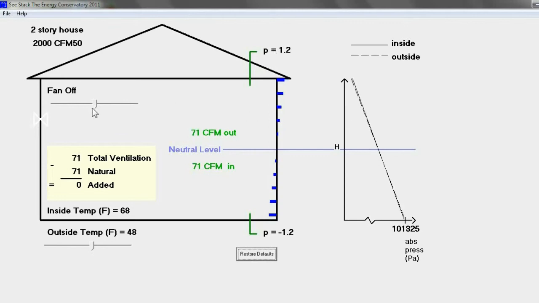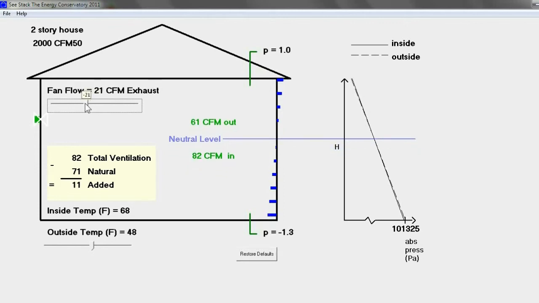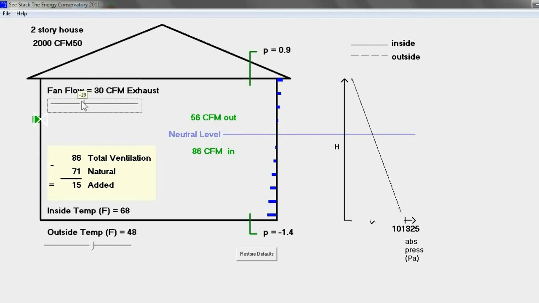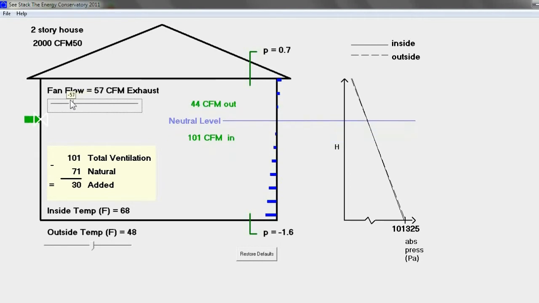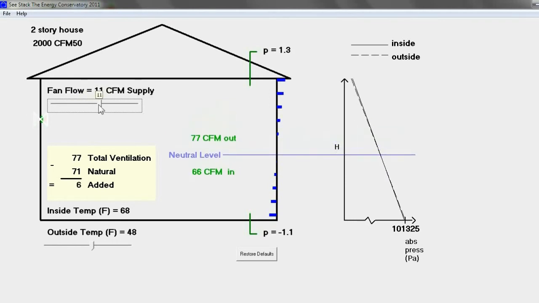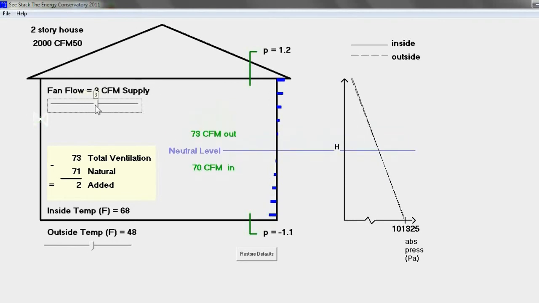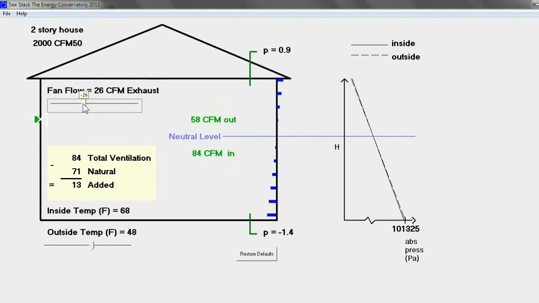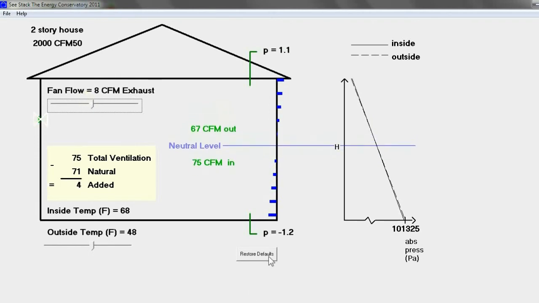Next, we'll turn the exhaust fans on and off, and we'll see that as we increase the exhaust rate up and down, our neutral level will go up and down, and our pressures at the top and bottom will go up or down.